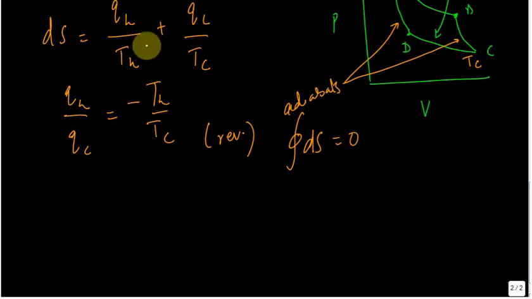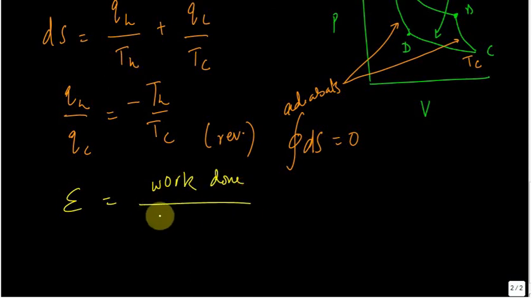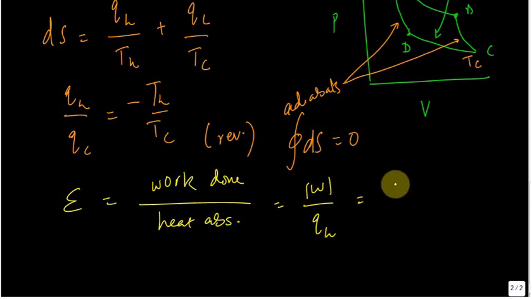So the efficiency epsilon is the work that is done by the engine upon the heat absorbed. Okay, and which is essentially equal to W upon QH. Or if I take the signs into the symbols, QH plus QC by QH.